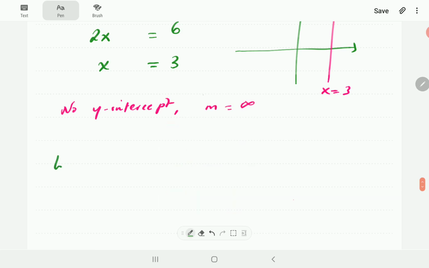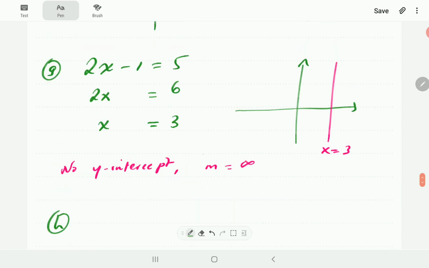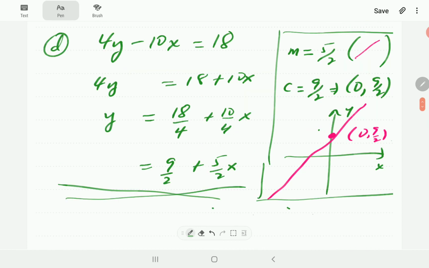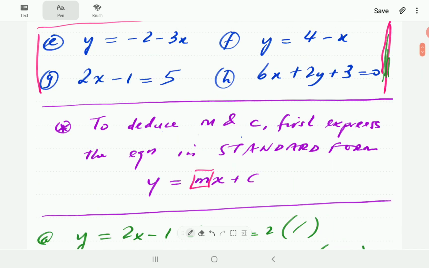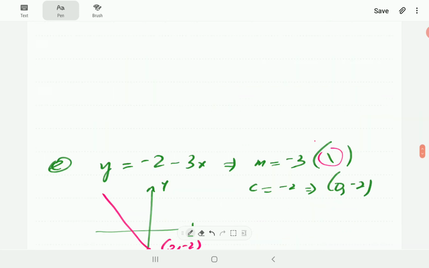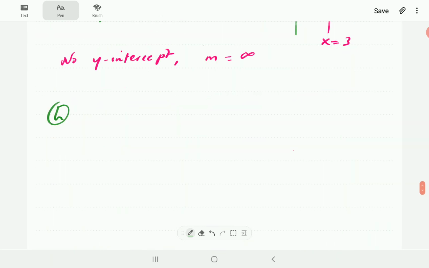And then for H, we have 6x plus 2y plus 3 equal to 0.